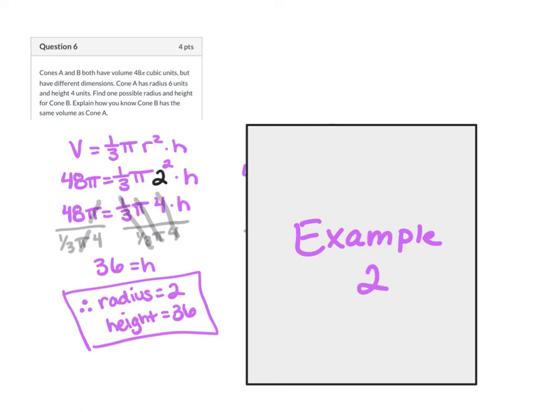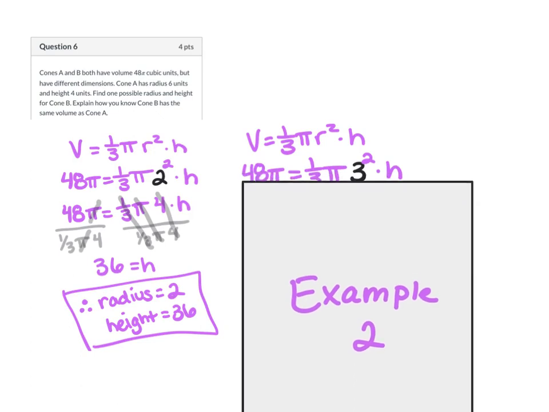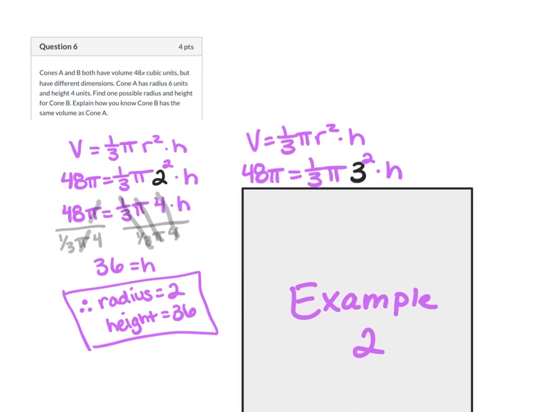Now I'll just show you that this could work by using a different number. I did the exact same thing here, plugged in the volume, but I chose a radius now of 3. As I said earlier, you could choose any number for the radius.